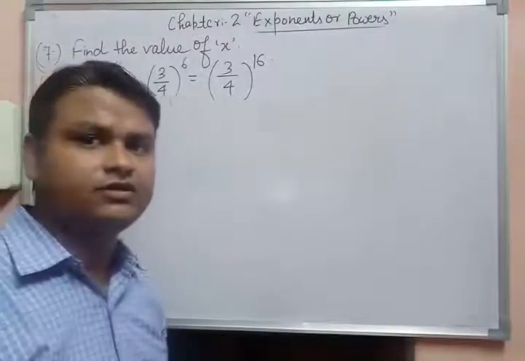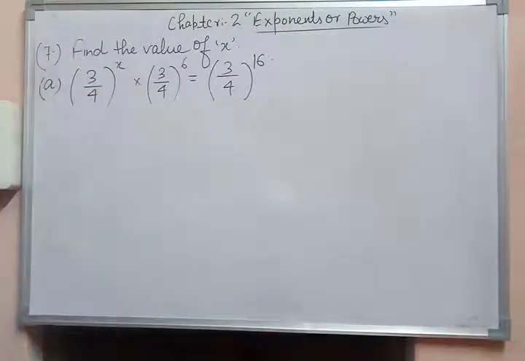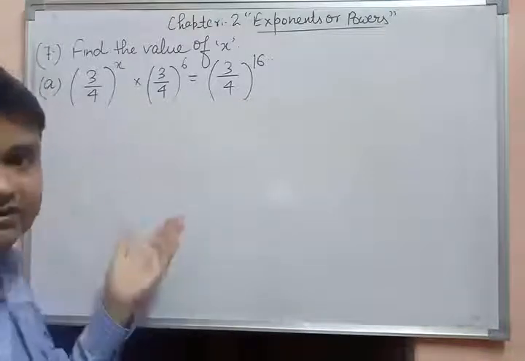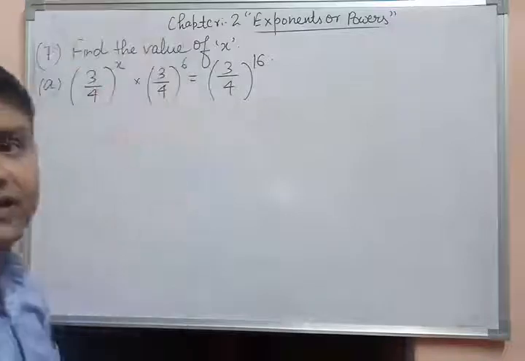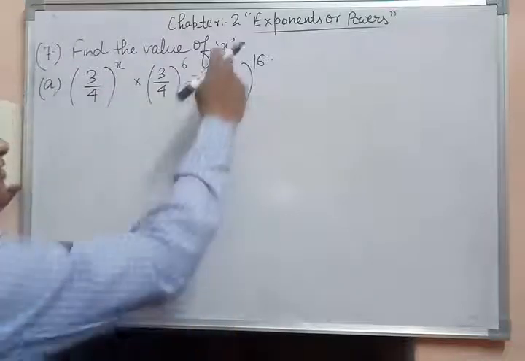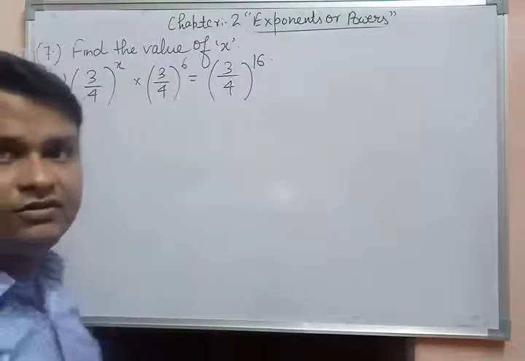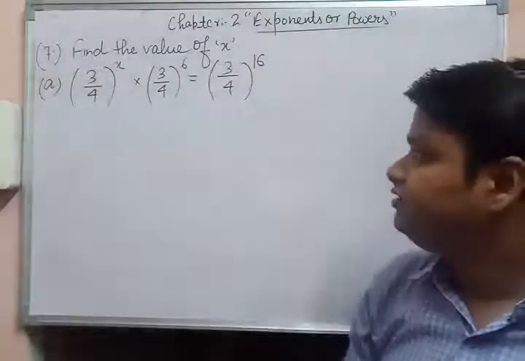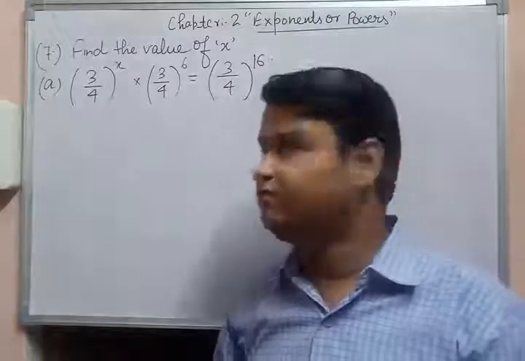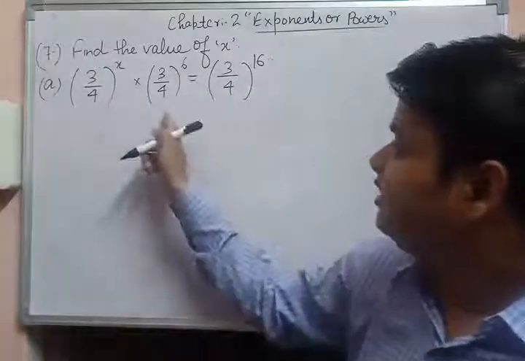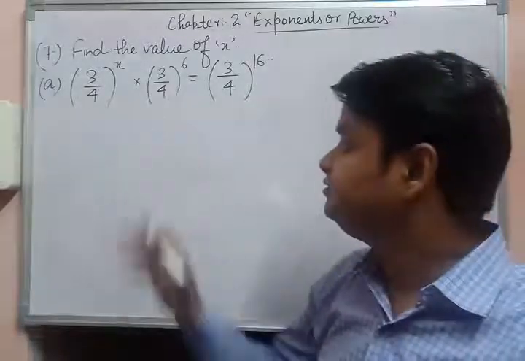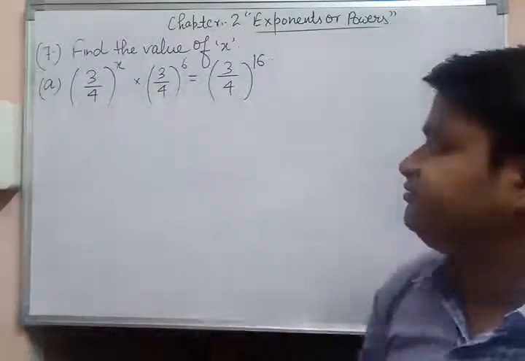So moving to our next question, question number 7, part A. This question is based on the previous question. You have to find the value of x. Here the variable is changed: in the previous question you found the value of a, and in this question you have to find the value of x. So both questions are similar. First of all you have to apply the laws of exponent in the LHS part.